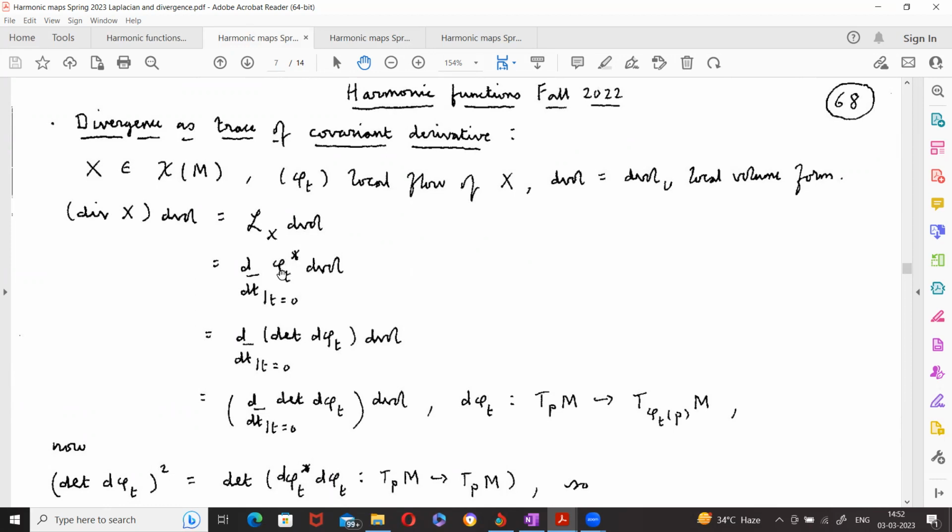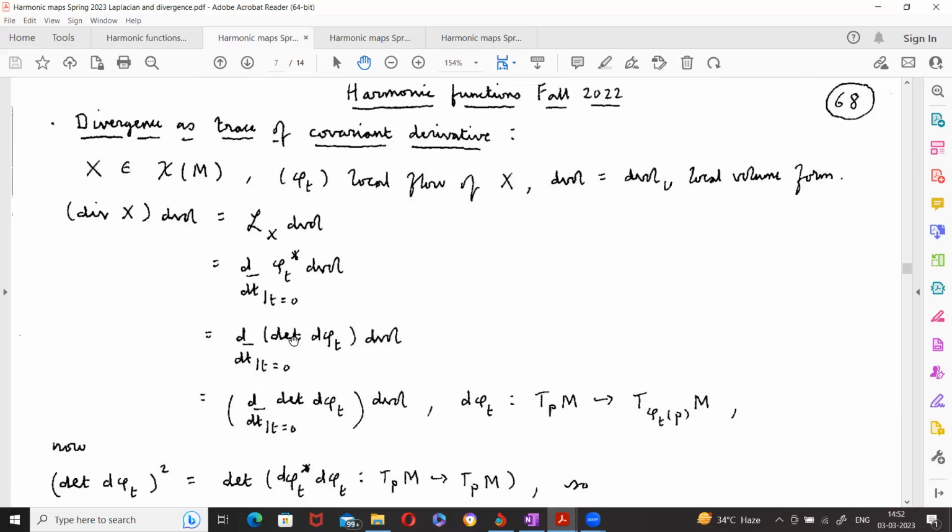Now, phi t is a map from a Riemannian manifold M into itself. So we know that for a map between Riemannian manifolds, when you pull back, the volume form gets multiplied by the determinant of the derivative of the smooth map, where that determinant is computed with respect to positively oriented orthonormal bases, right?